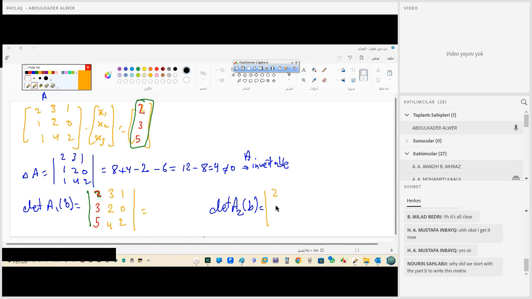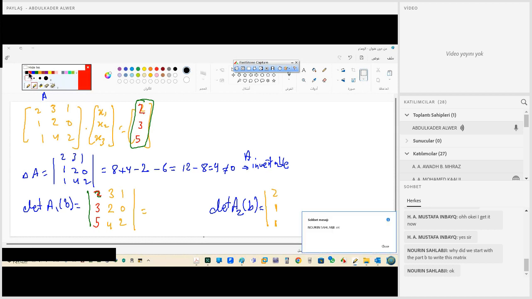This is the method. Who asked me why this is the method? Now I'm talking about this is C. This is because this is x1, this is x2, this is x3. Now 2, 3, 5. We have 1, 0, 2. Calculate.